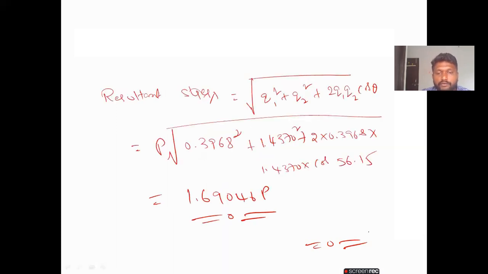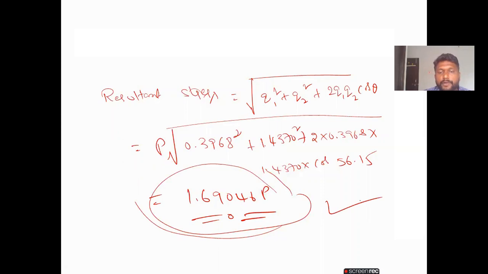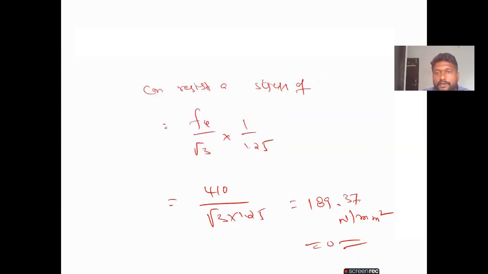But what we finally got is the resultant stress 1.69046 P. But how much can the weld resist? 189.37. So if you equate both, we will get the maximum load.